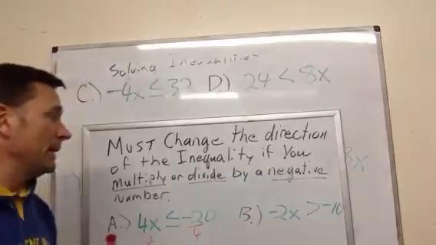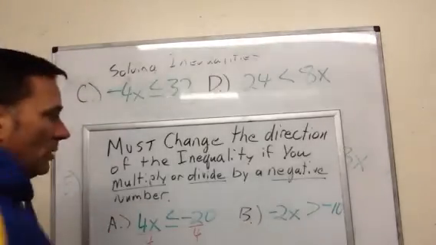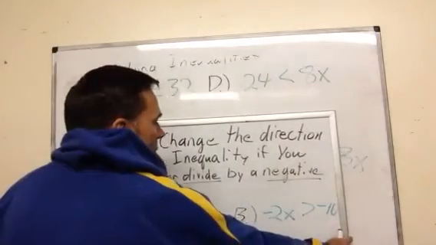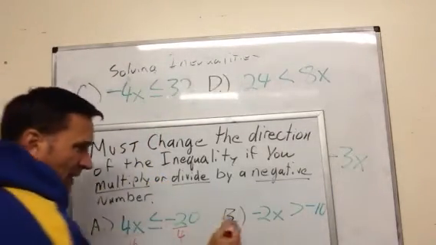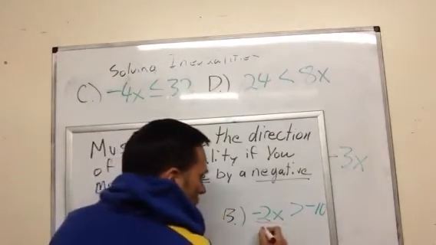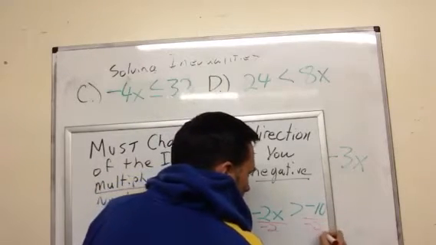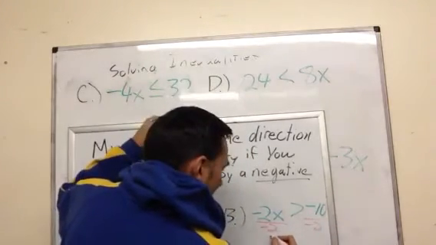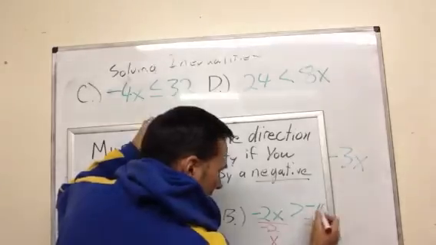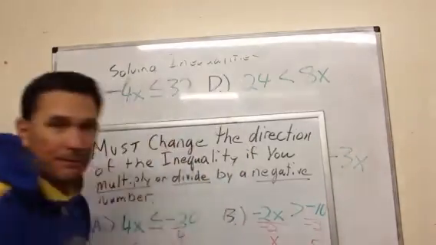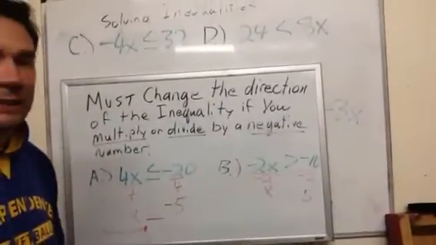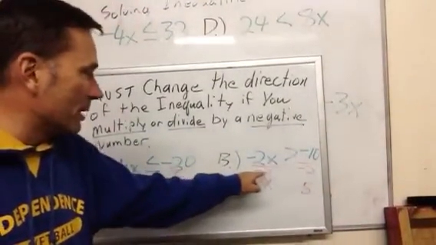Now let's look at letter B. We have negative 2x greater than negative 10. We need to divide by negative 2. This becomes just x, and negative 10 divided by negative 2 is a positive 5. Did we divide by a negative number?